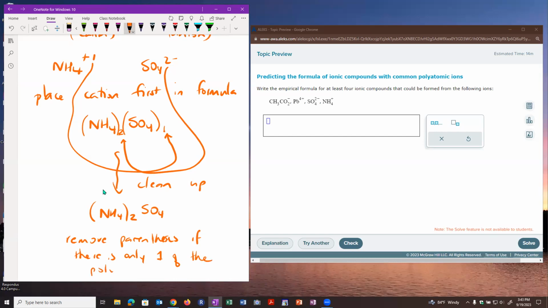You only need the parentheses around the polyatomic ion if you have more than 1 of that ion. So that's why we don't need it around the sulfate, but we do need it around the ammonium. The others are going to be the same thing that we're doing here. This is probably the most complicated out of all of the combinations. You want to approach them the same way.